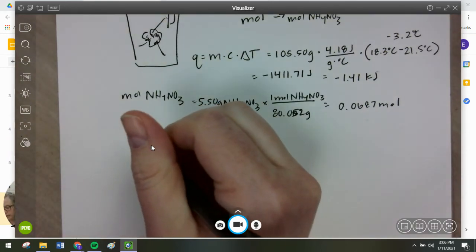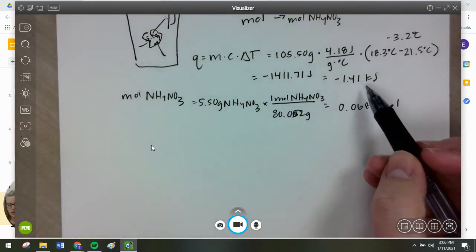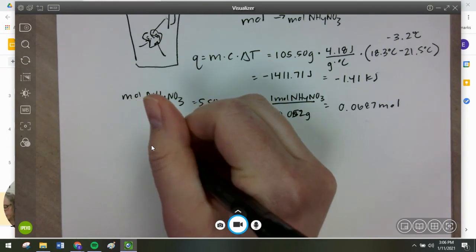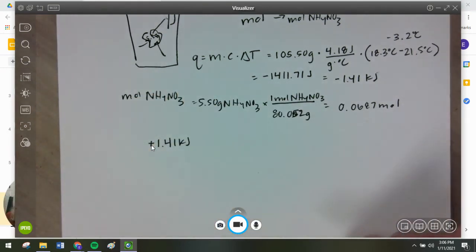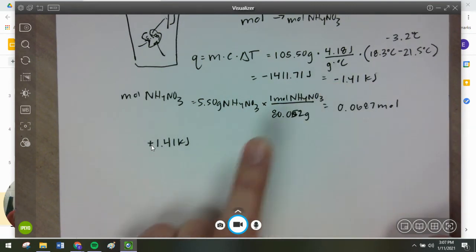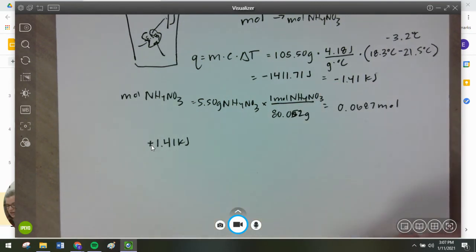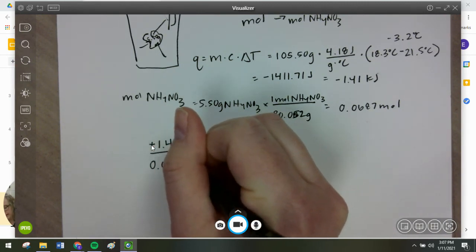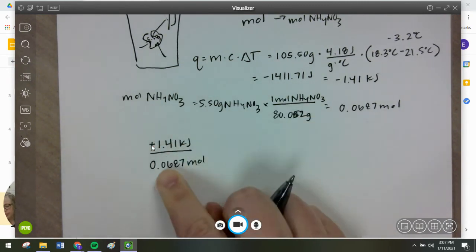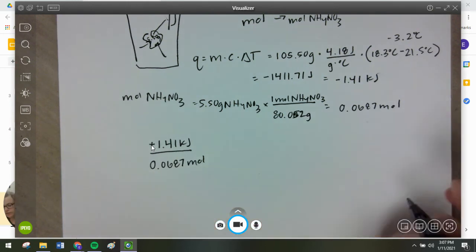So now when I want to get my heat of solution, I'm going to take my energy, but I'm going to remember to turn the sign positive to 1.41 kilojoules because this is for the liquid. This is the chemical's gain in energy. And I'm going to divide that by 0.0687 moles, keeping the significant figures correct here.